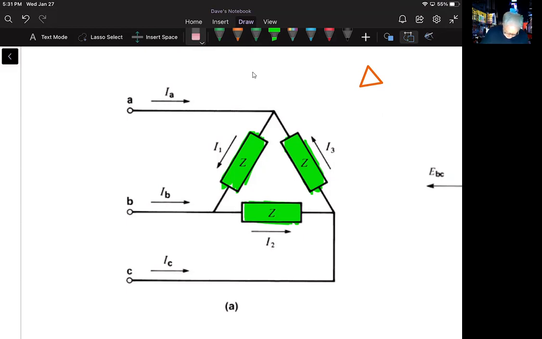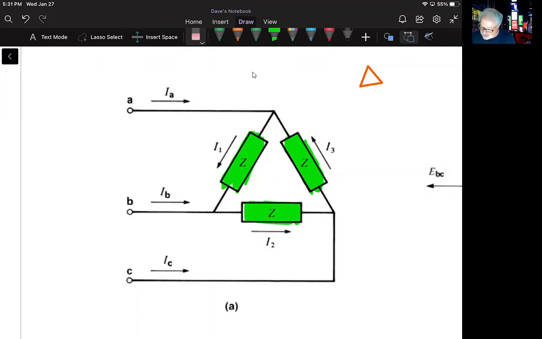So what we want to do is determine the voltage and current relationships in the delta connection. We'll do that initially with resistive loads just because it's simpler. We will see that the resistors are connected across the line. Like if we look at B to C, resistors connected across the line.